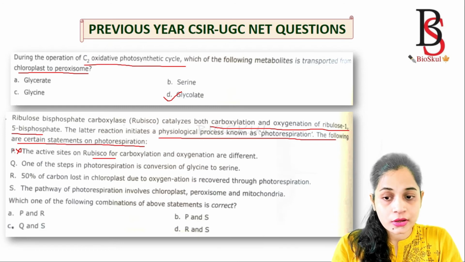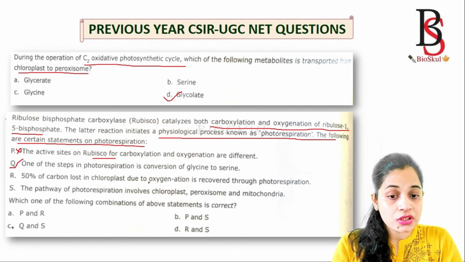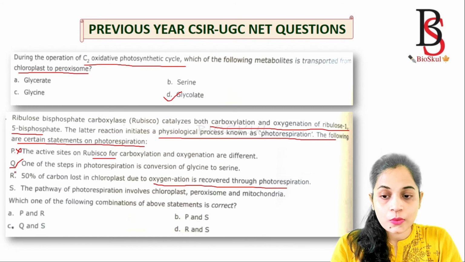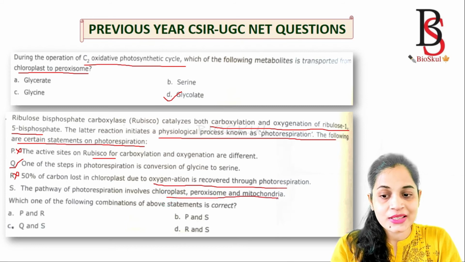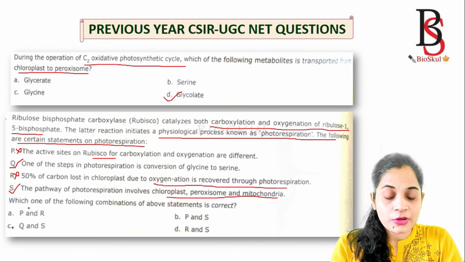Yes, this one is correct. 50% of carbon lost in chloroplast due to oxygenation is recovered through photorespiration. No. The pathway of photorespiration involves chloroplast, peroxisome and mitochondria. This one is right. So, what is the question? Which of the following combinations of the above statements is correct? That is option Q and S. This option C is the correct answer.